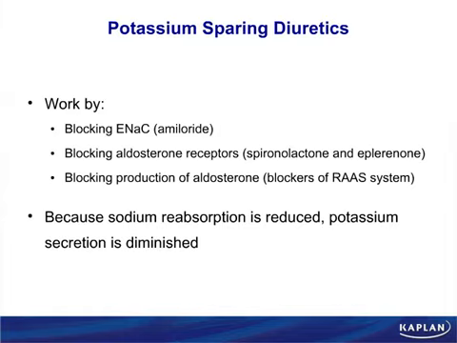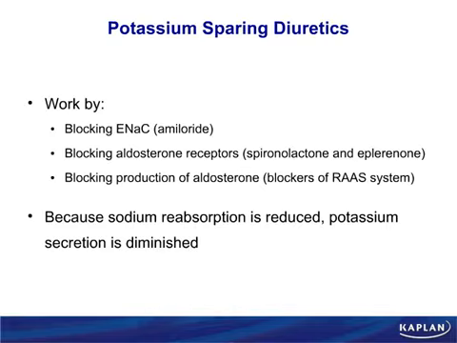So the potassium-sparing diuretics. Some work by blocking the epithelial sodium channels, like amiloride. Some work by directly blocking aldosterone receptors. So spironolactone and eplerenone work by directly blocking the aldosterone receptors.